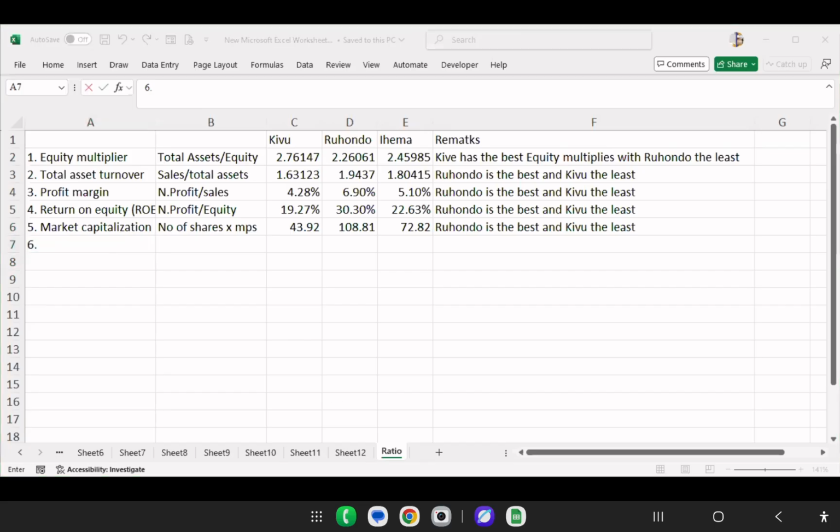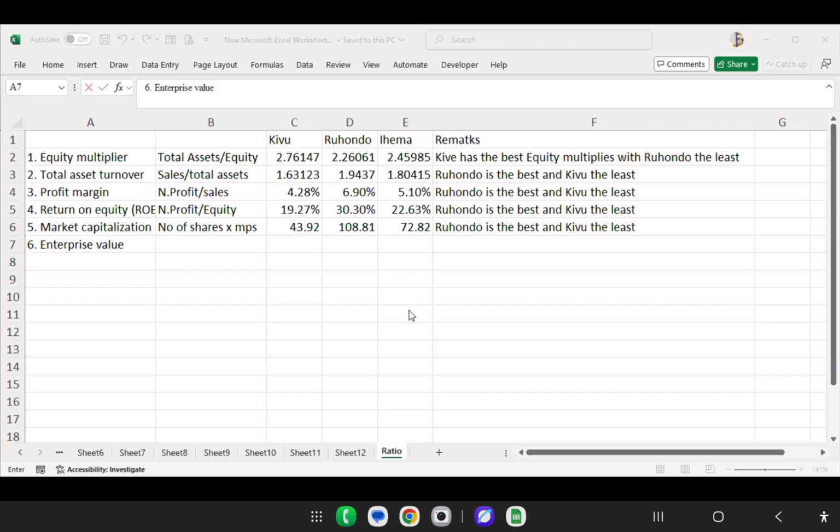We go to ratio number 6. The 6th ratio, what are we given? The enterprise value. We are asked to give the enterprise value.